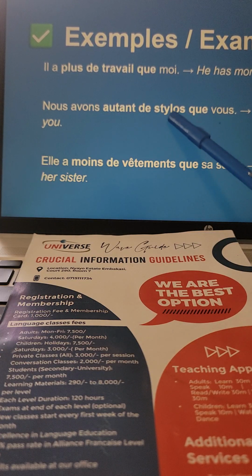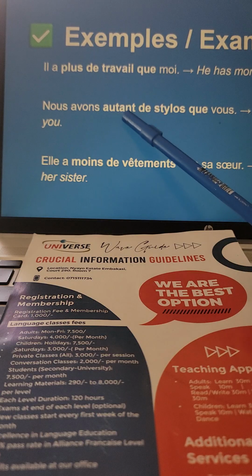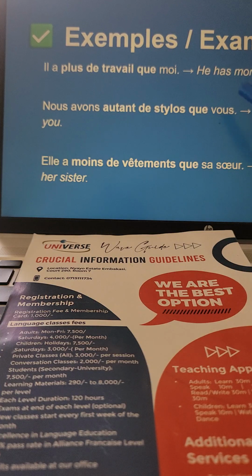Stylo. We have as many pens as you. Elle a moins de vêtements que sa sœur. Where is the noun? Vêtements. She has fewer clothes than her sister.